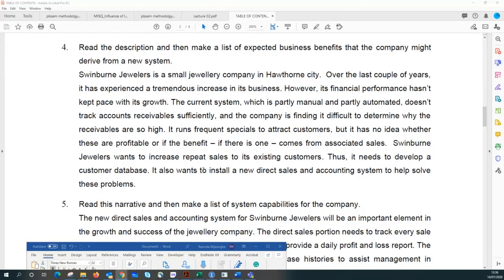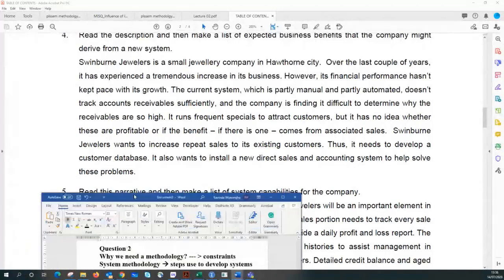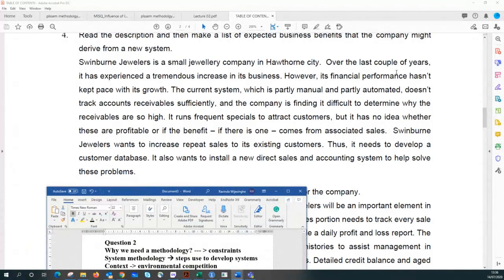There are two things here. In terms of business benefit, of course we can increase the profit, and there are two ways to do that: either we can reduce the cost, or we can increase the sales, right? So you can give some idea of the benefits of reducing the costs.